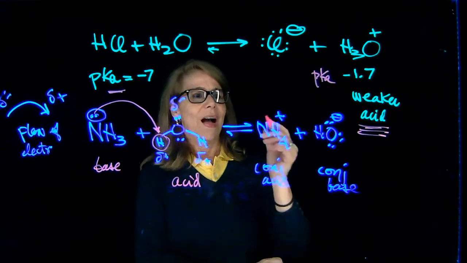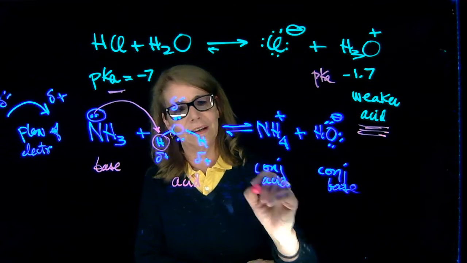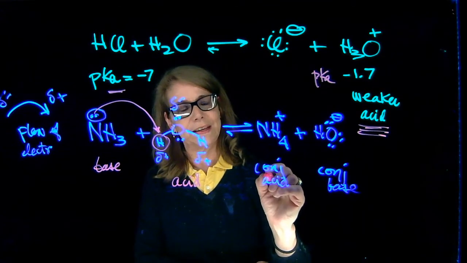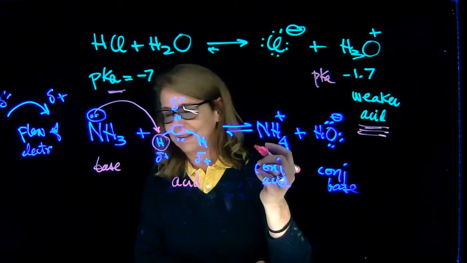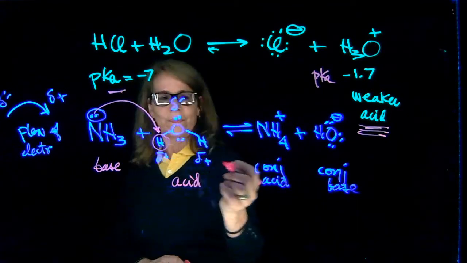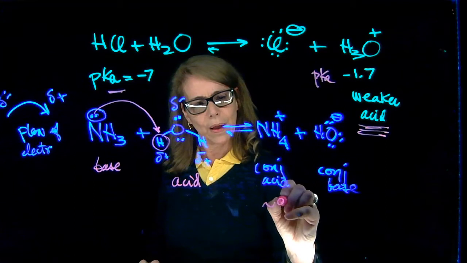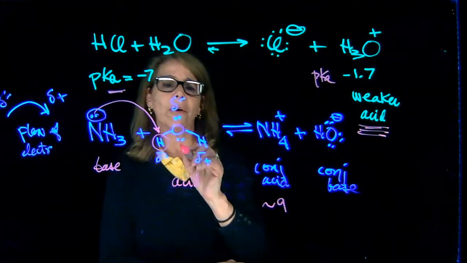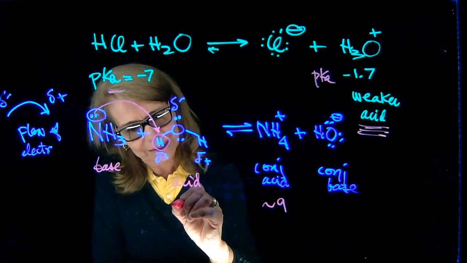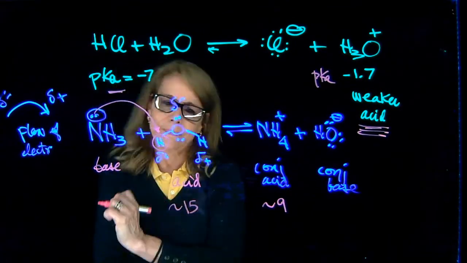So the pKa of the conjugate acid here, of ammonia, this is as an acid, is about 9, right? Now the pKa of water as an acid is about 15.